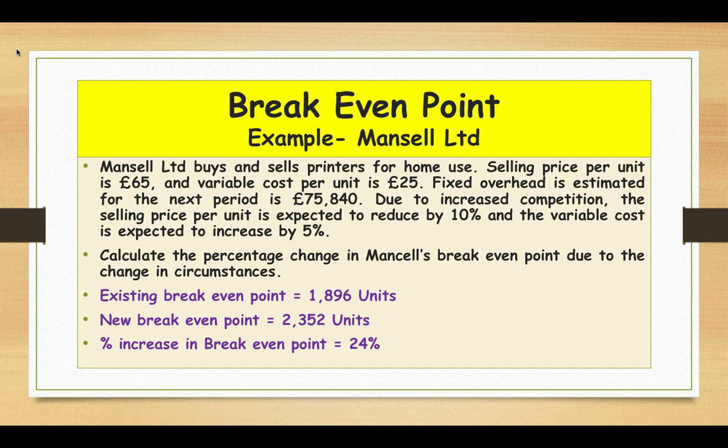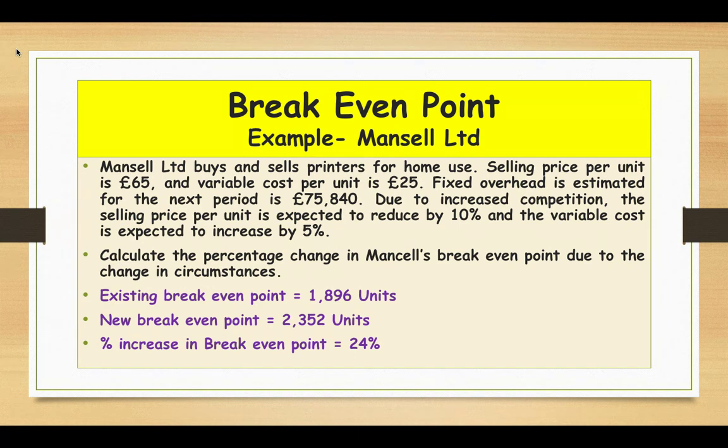Therefore, our new contribution per unit is £32.25. So using this information, if we calculate the new break-even point, that will be the fixed cost 75,840 divided by our new contribution per unit, which is 32.25.